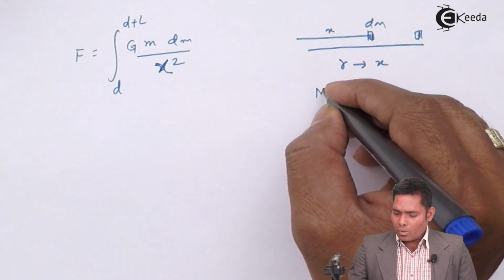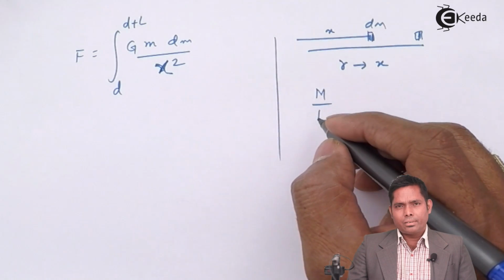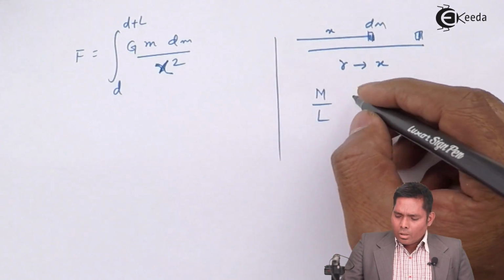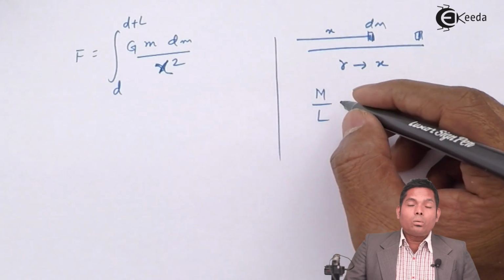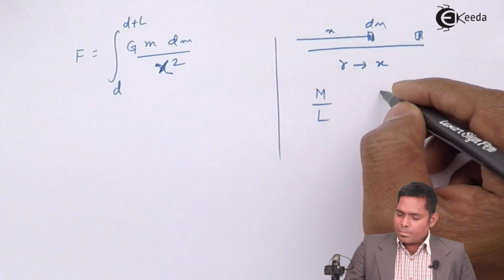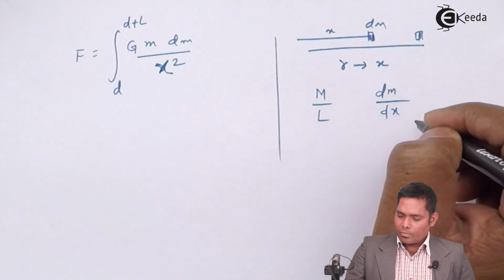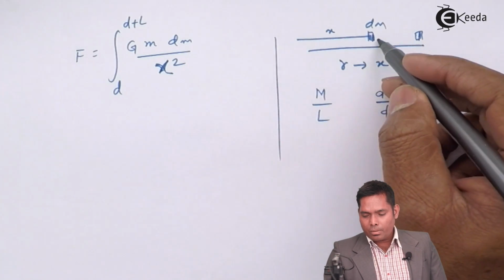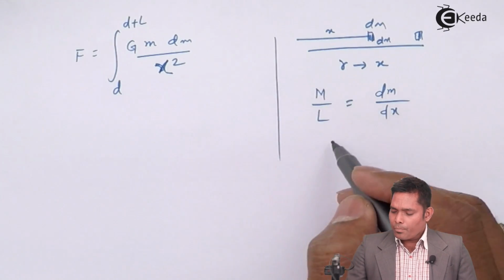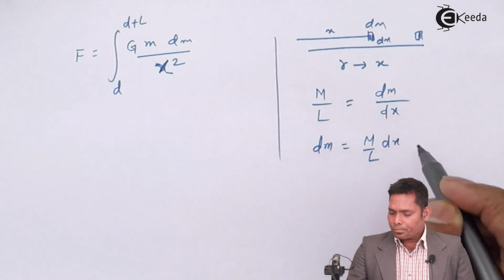I have a total rod of mass m and its length is L. So the mass per unit length for the whole rod will remain the same. If I consider a small element dm, its length is dx, and that is also uniform. So I'll write dm as m over L dx.